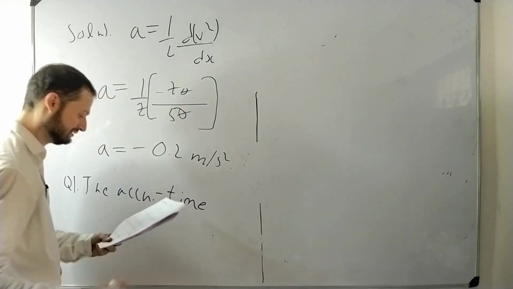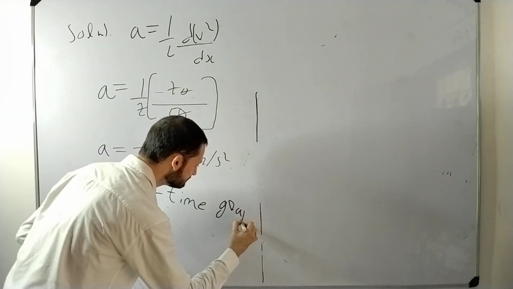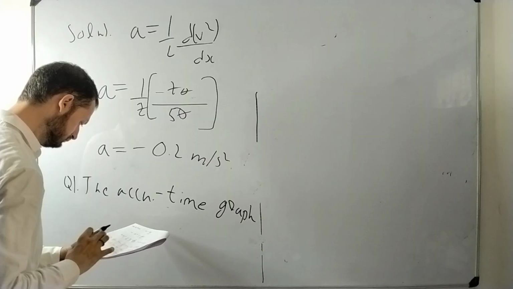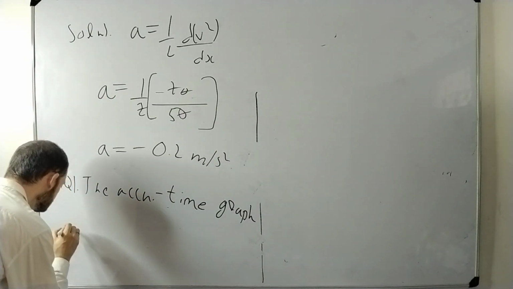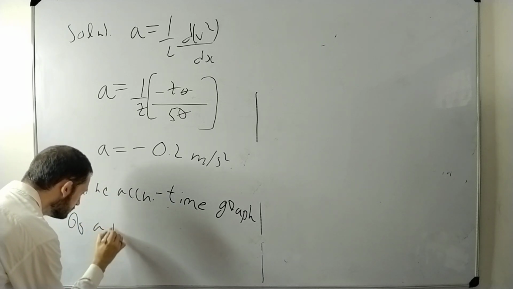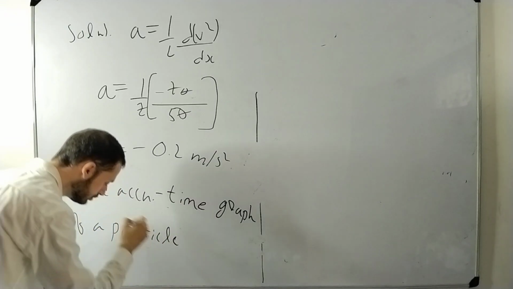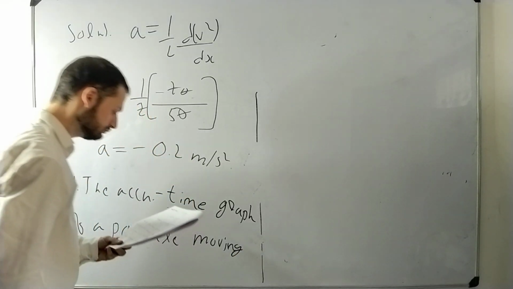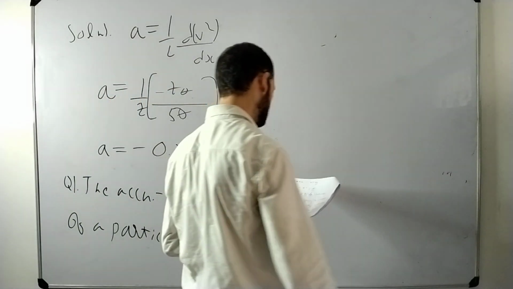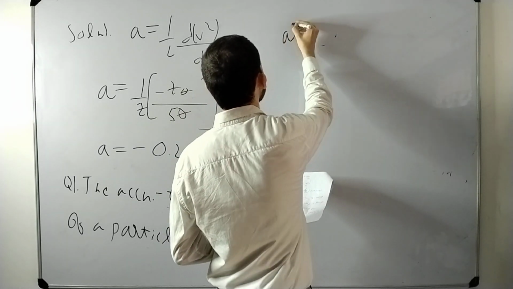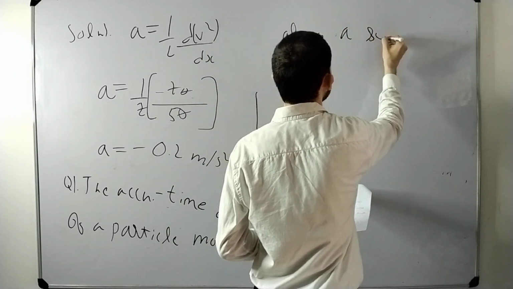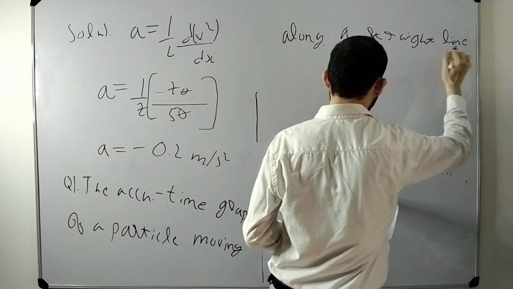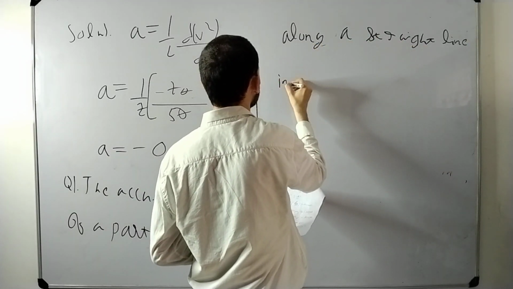The acceleration time graph of a particle moving along a straight line is shown in the figure.